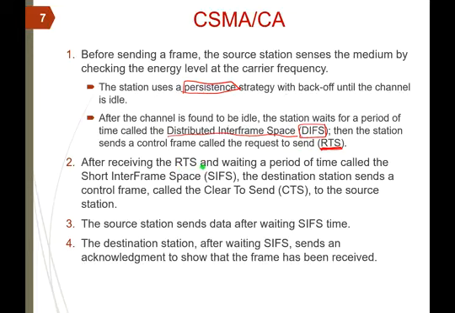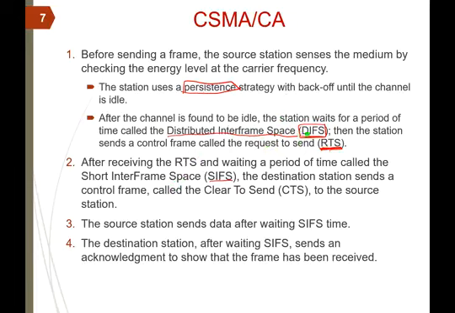After receiving the RTS and waiting a period of time called the short interframe space, SIFS, the destination station sends a control frame called clear to send, CTS. So the source station sensed the channel, it was idle, it waited for DIFS, then sent the RTS frame.